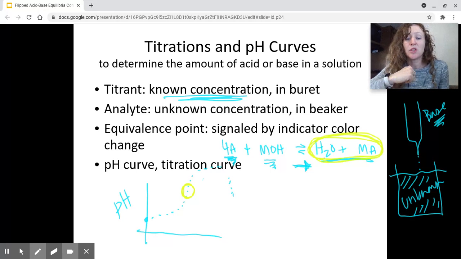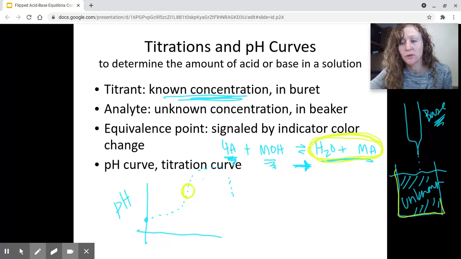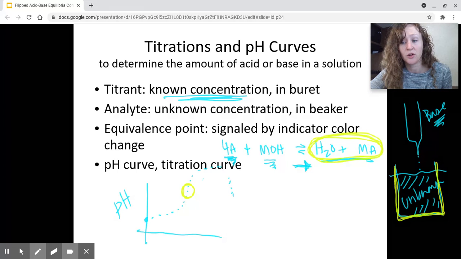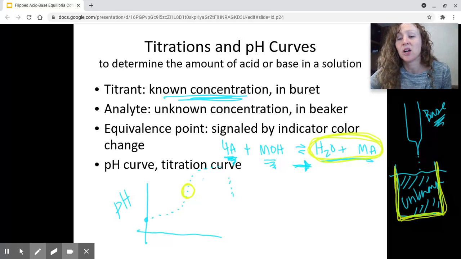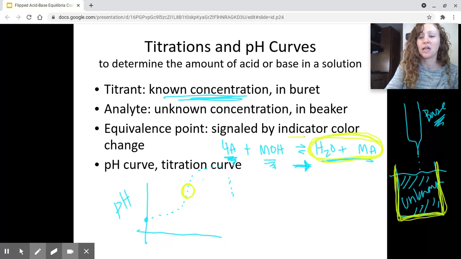At this point, usually we have added a couple things into our unknown solution. We have our river water containing our unknown quantity of acid. And then into here we also add what's known as an indicator.